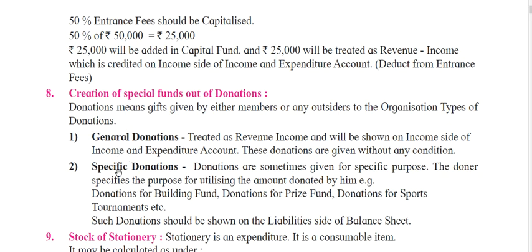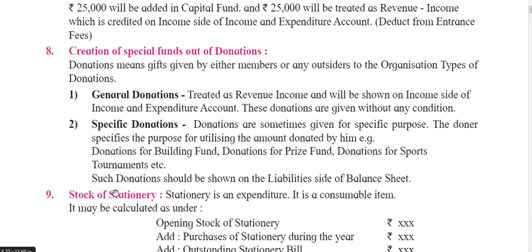This donation is divided into two parts, that is general donations and specific donations. General donations are treated as revenue income and will be shown on the income side of the income and expenditure account. These donations are given without any condition.